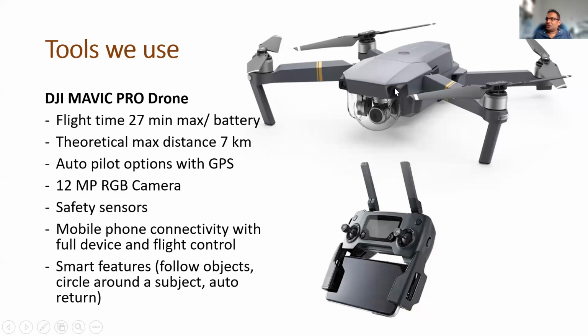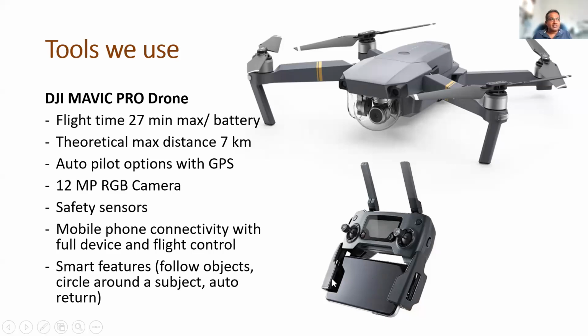It also has some safety features like other cameras and distance meters built into it. And you can connect it to your mobile phone through the remote controller. There are some applications developed by the manufacturer, so you can get full control of the drone using your mobile phone.